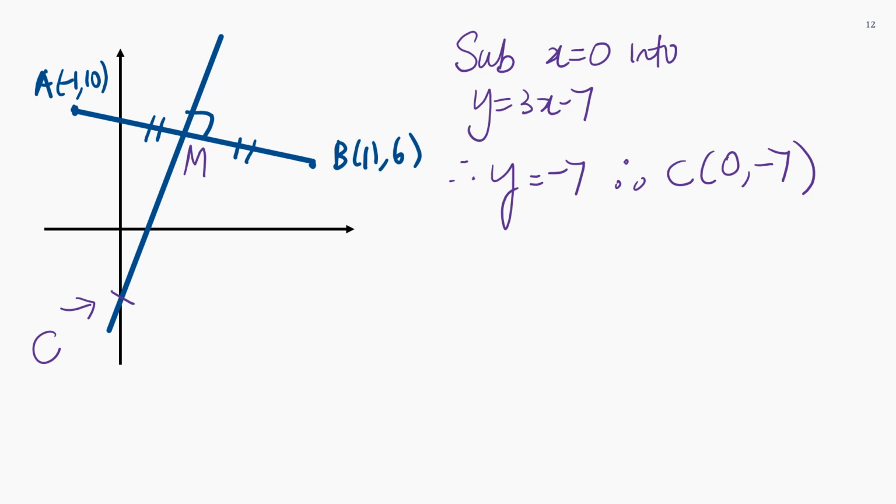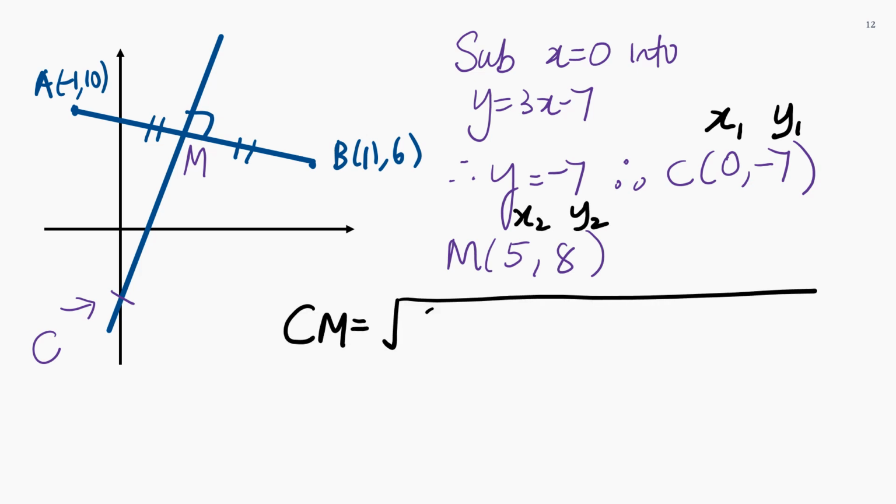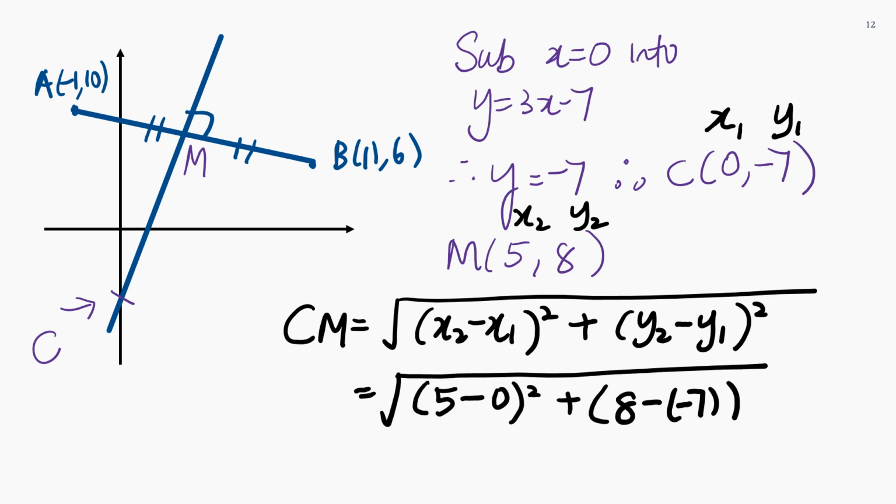And therefore, the point C will have coordinates 0 and -7. Right, and from there we can apply the distance formula and substitute in the values for x2, x1 and y2, y1. And that comes up to be 15.8 units.